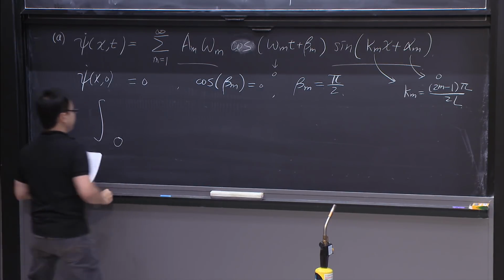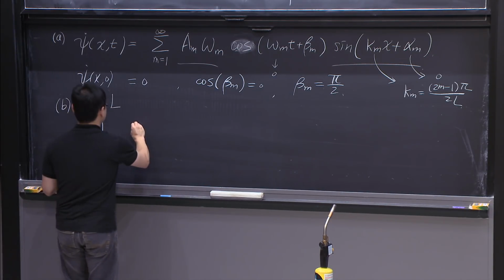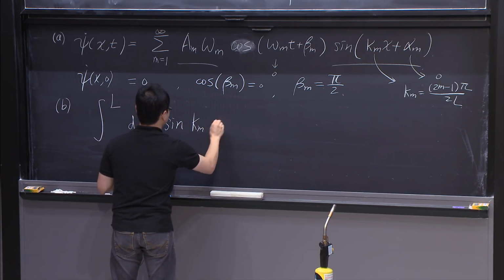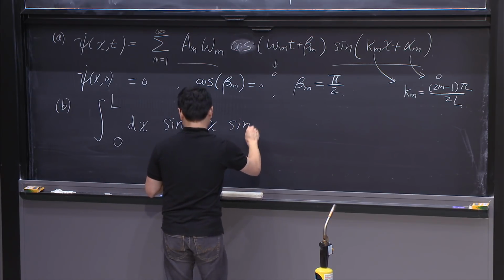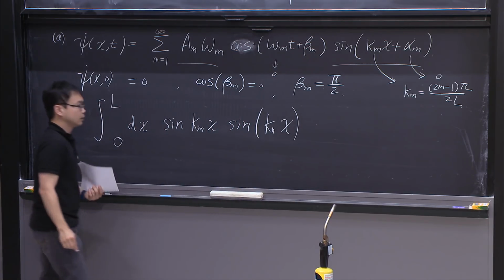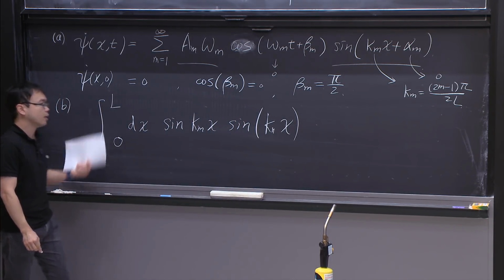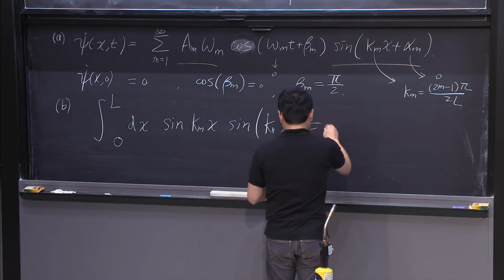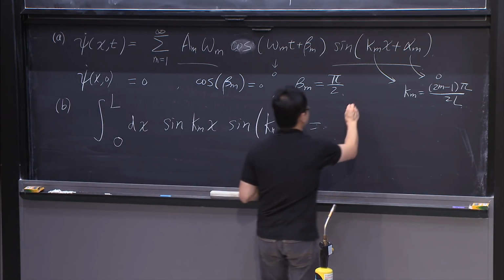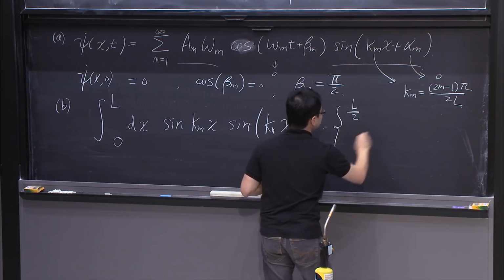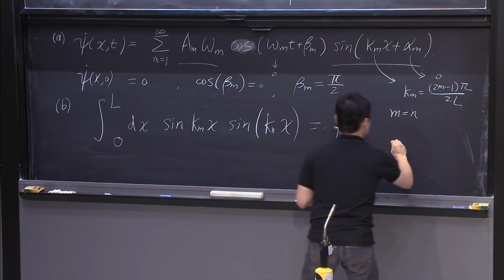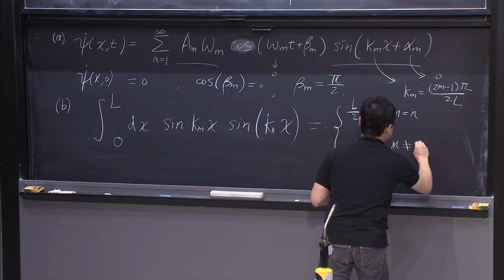If I do an integration from 0 to L of dx sine k_n x sine k_m x, what I'm going to get is that you either get L over 2 if n is equal to m, or you get 0 if n is not equal to m.